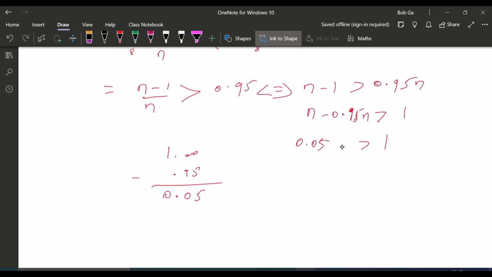0.05 n is greater than 1. So n will be greater than 1 over 0.05.